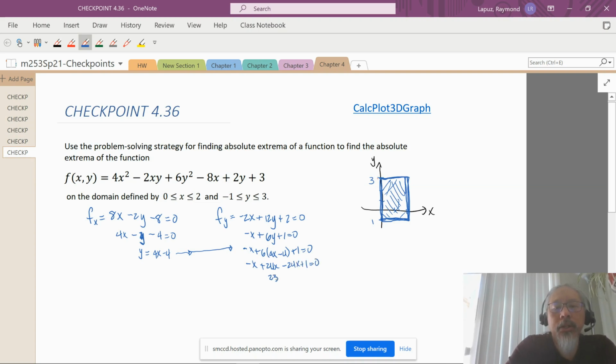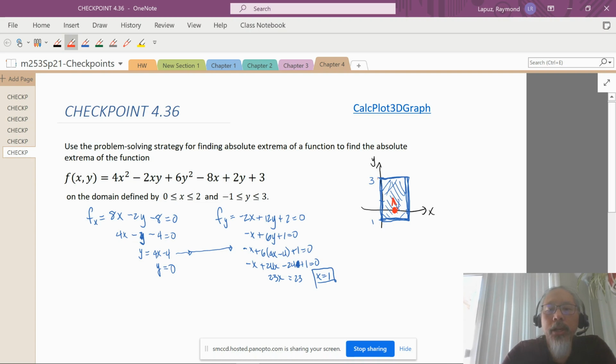So that's a 23x, oops, this is a 24, sorry, minus 23 equals 0. So we'll bring the 23 on the other side. x is equal to 1. And when x is equal to 1, we're going to get y is equal to 4 minus 4, which is 0. Okay, we have identified one point, and that point happens to be within the region.